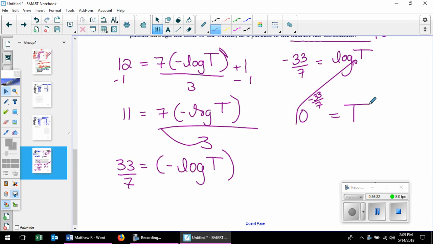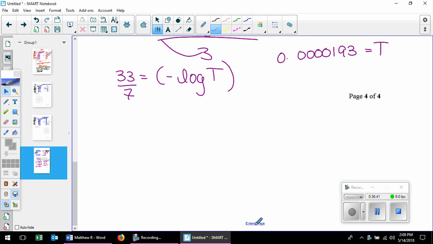So if you do that, you can then use the calculator. And it wants it as a percent. So if you did that in your independent calculator, you're going to get 0.0000193 equals t. It wants it as a percent. So multiply it by 100.